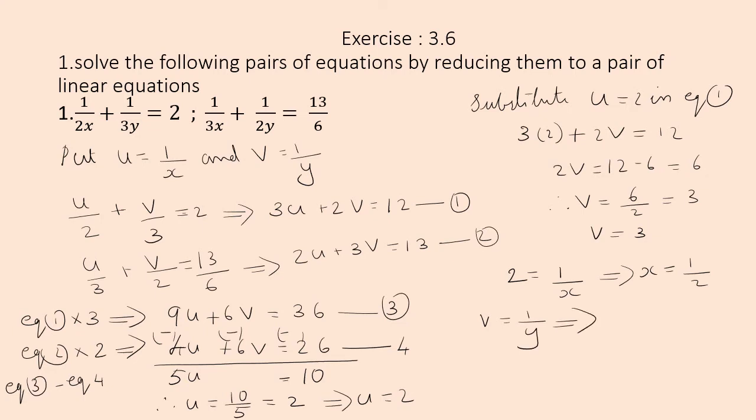From this you can write 3 equal to 1 upon y, that is y equal to 1 upon 3. Therefore, x equal to 1 upon 2 and y equal to 1 upon 3. So you got the solution for the equations.